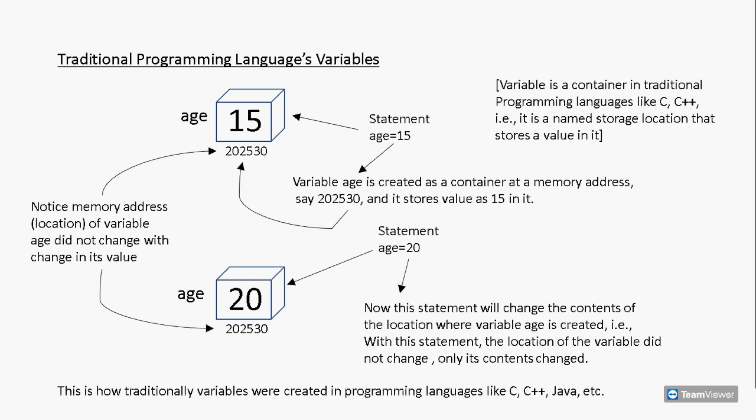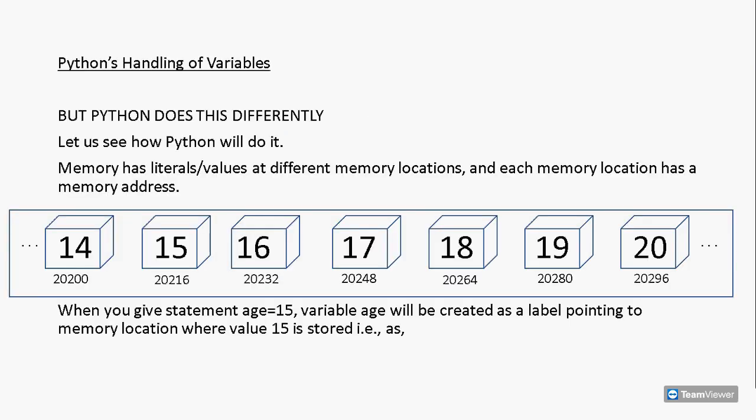The memory location remained 202530, but the value at the location changed from 15 to 20. This is how traditionally variables were created in programming languages like C, C++, Java, etc. Python does this differently as compared to the traditional languages.